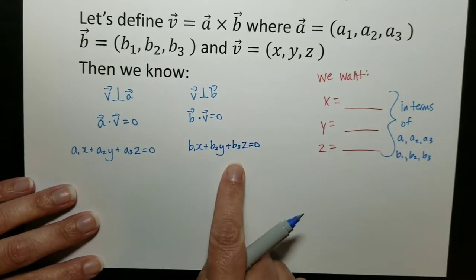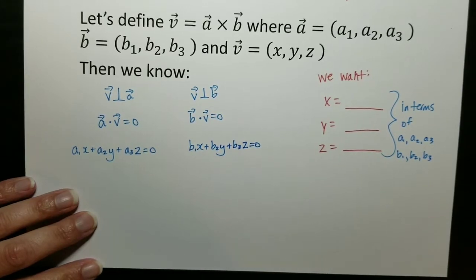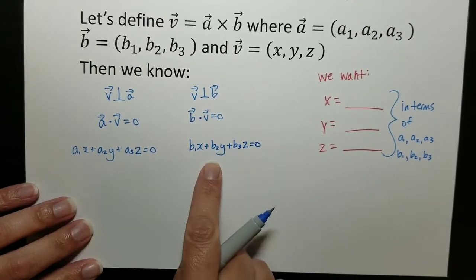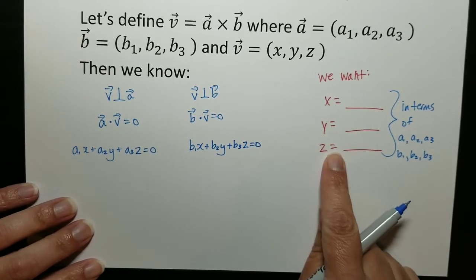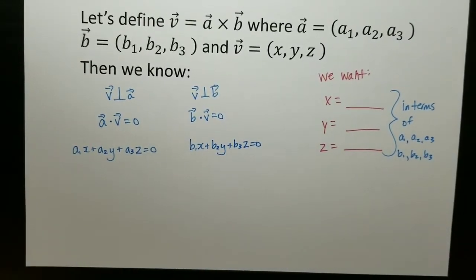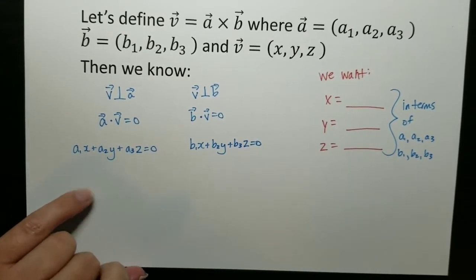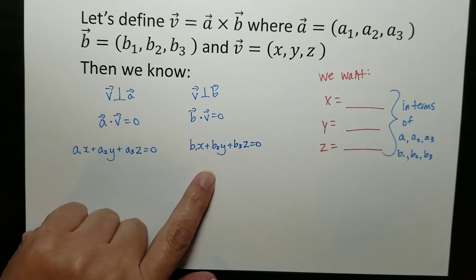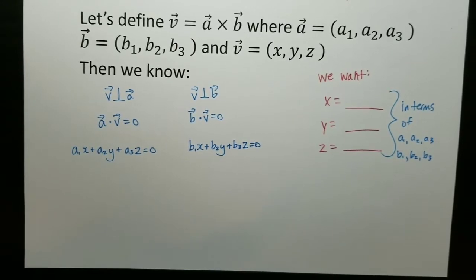So those two equations are really what we know. And I want to figure out how to solve these, rearrange these for X equals, Y equals, Z equals. And what you may be thinking right now is that I have 3 variables, X, Y, and Z, but I only have 2 different equations. So that's actually not possible to solve specifically.